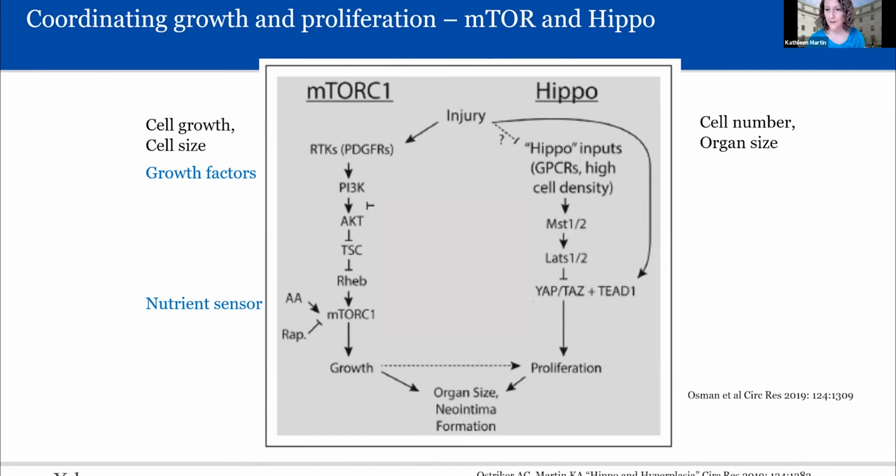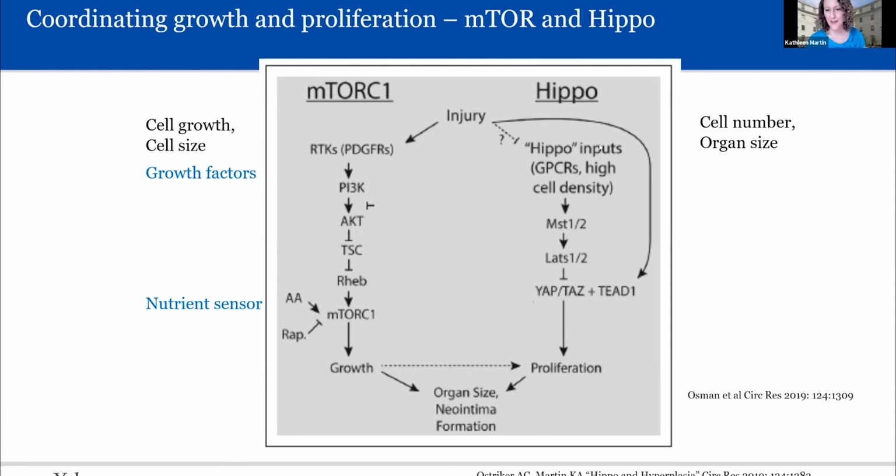And cell number is sensed by the Hippo pathway. It's regulated by inputs like cell adhesion and cell density. And it gets its name Hippo because it affects organ size, and Drosophila has organ size phenotypes that are pretty remarkable.